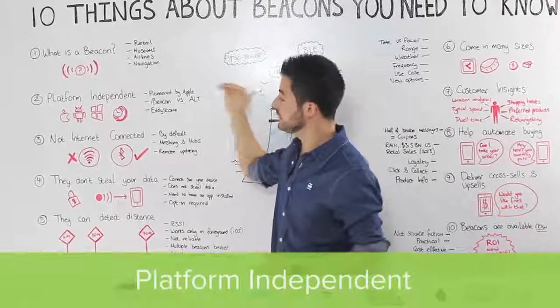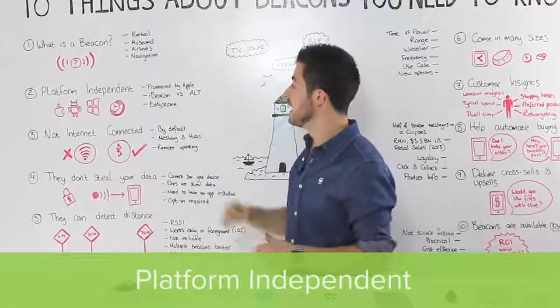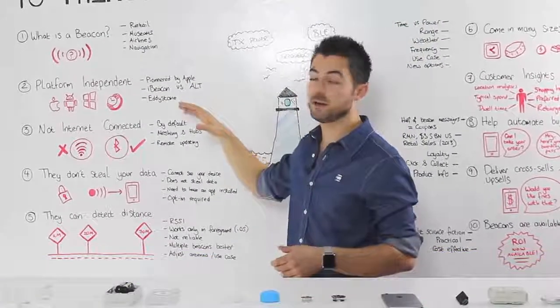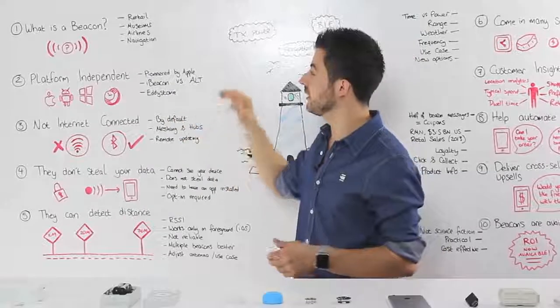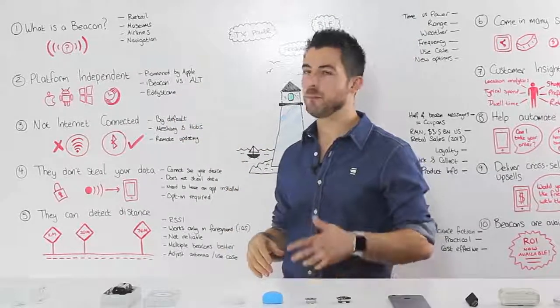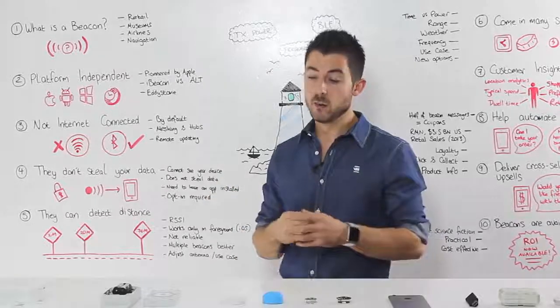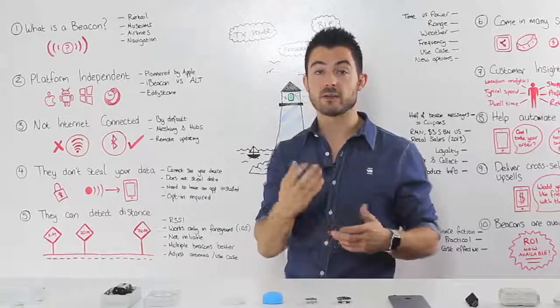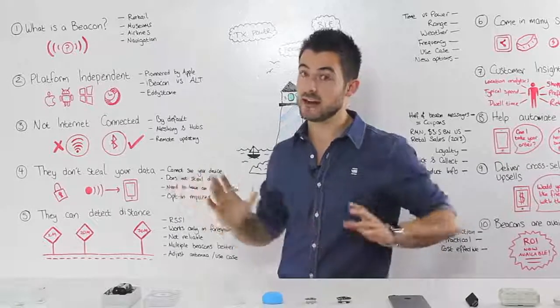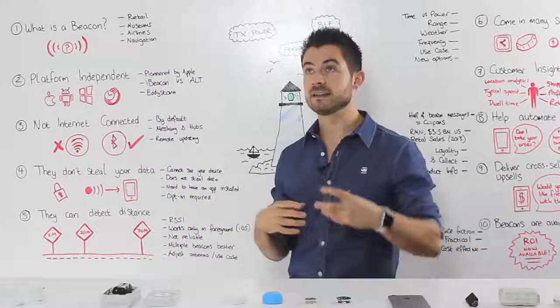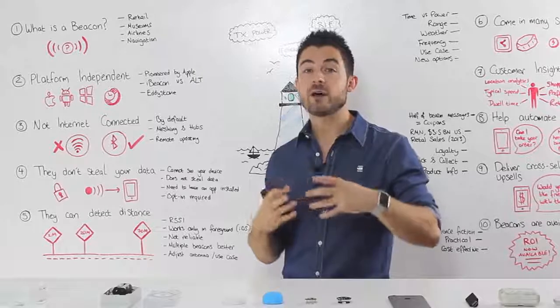Usually beacons are pretty platform independent. Apple did come out originally with the iBeacon protocol, and there's a lot of confusion. Does Apple own beacons, and what is an iBeacon versus a beacon? Well, a beacon is the physical device with the antenna and the Bluetooth low energy stack that can send out packets, and iBeacon is like a layout of that packet.